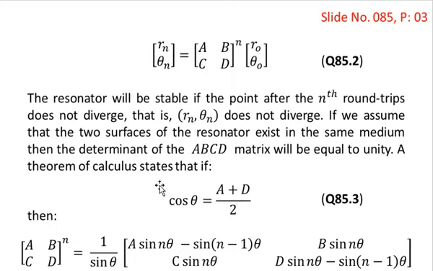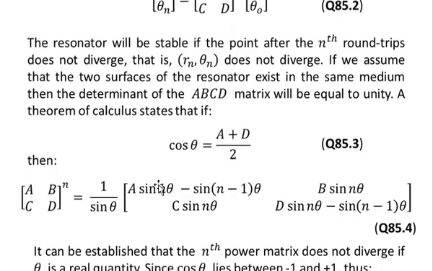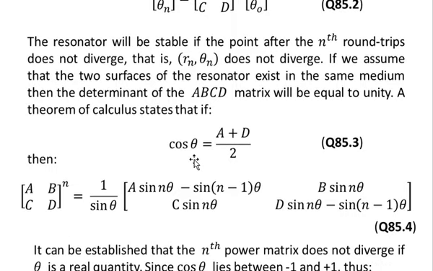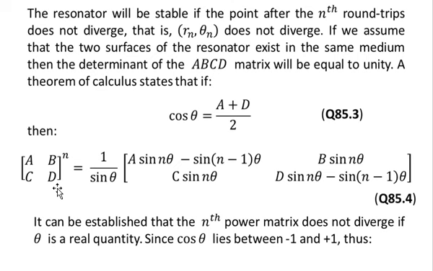A theorem of the calculus states that if cos theta is equal to (A plus D) divided by 2, as given in equation number 3, then we can write the nth power of the ABCD matrix equal to 1 over sine theta times a 2 by 2 matrix.